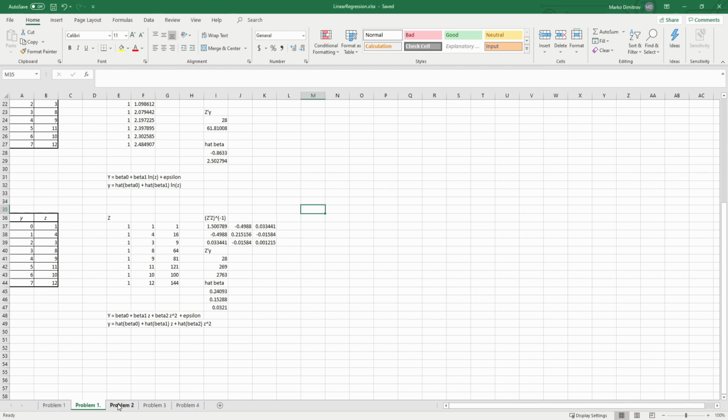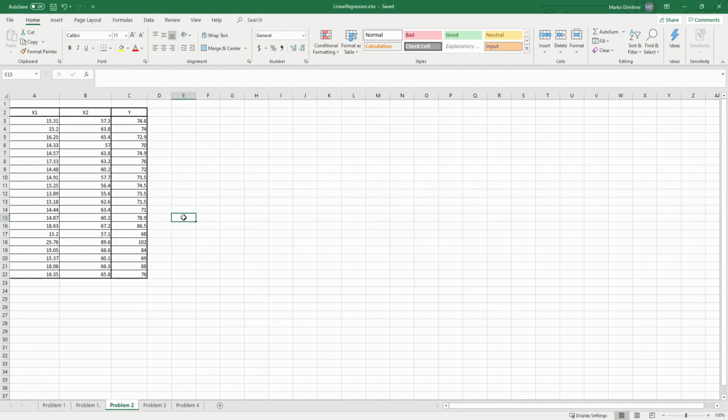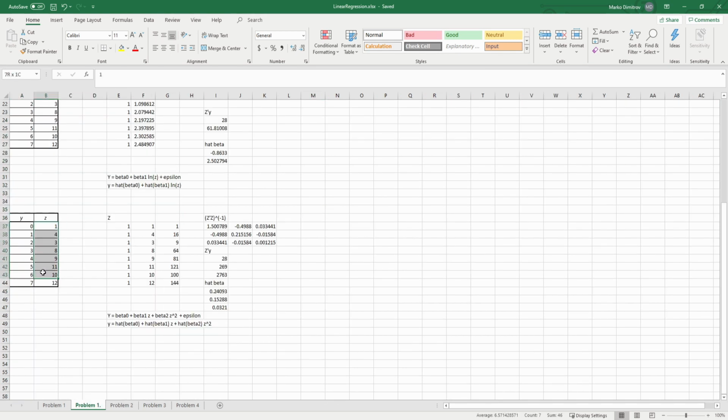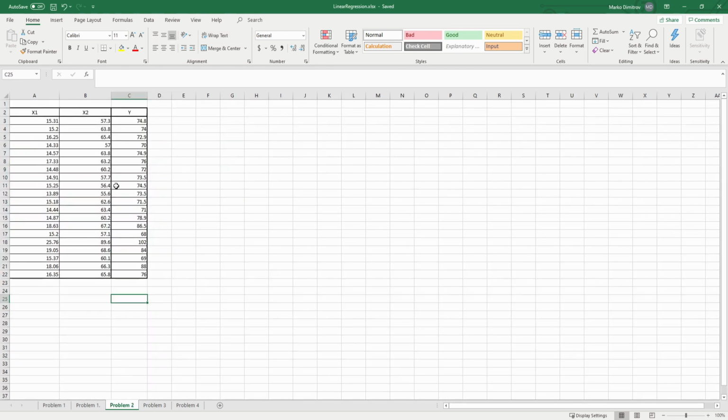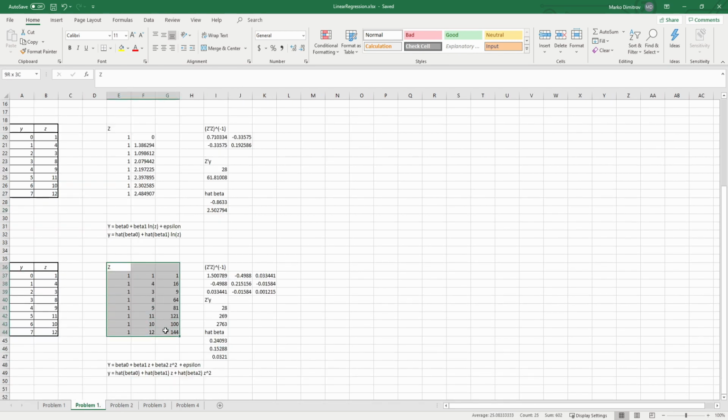I believe that after this, it would not be really hard to fit a simple multiple regression model where we now have 2 variables that are different. Here we had only 1 variable, but we squared it, for example, or took the natural logarithm. But here we have 2 variables. But still, we can use matrix Z and our hat, everything.